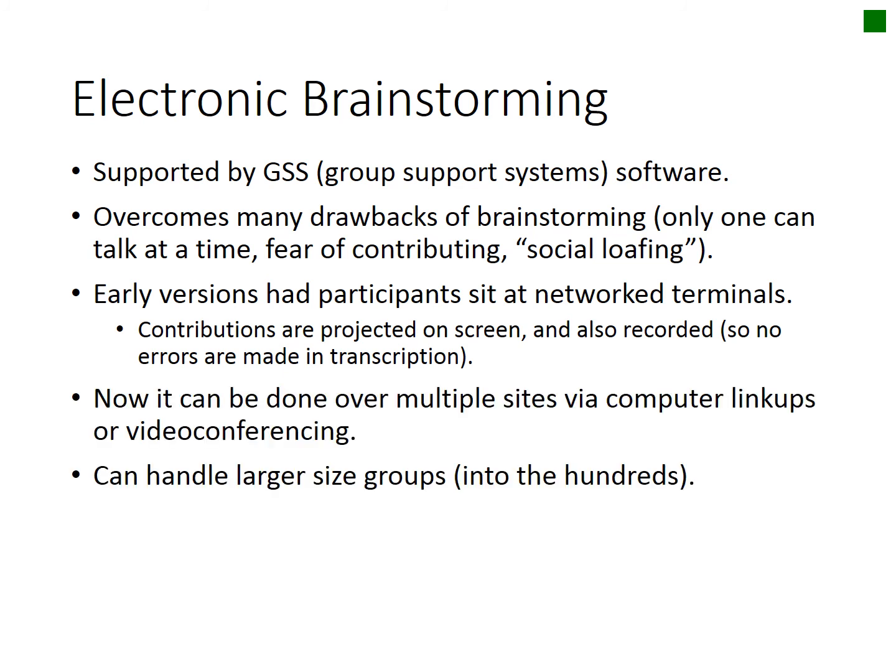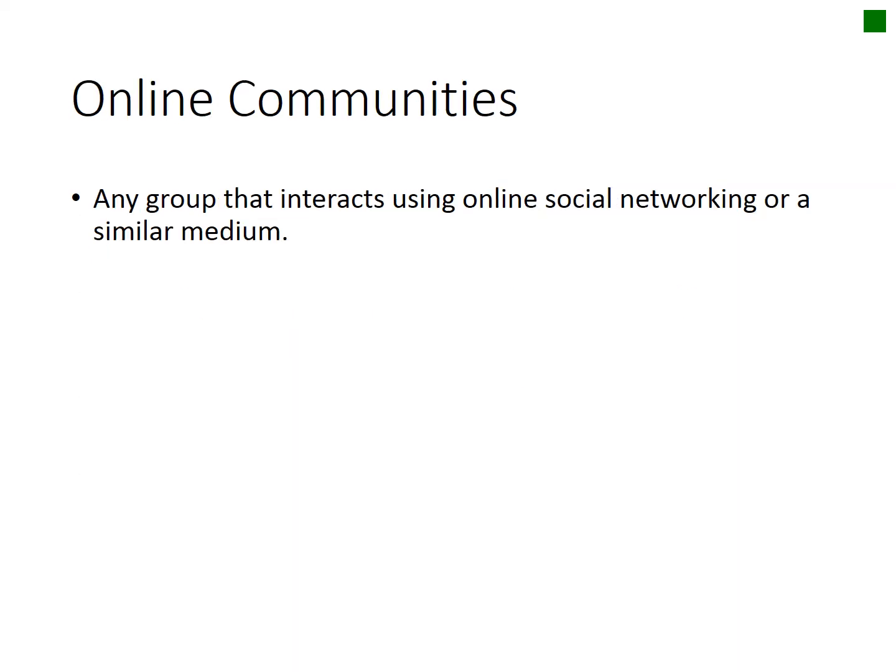Now we use multiple sites via computer link up, so the internet would certainly be something that we would use nowadays. And we could certainly handle larger group sizes because of the nature of the electronic and distance meeting that we're doing in electronic brainstorming.